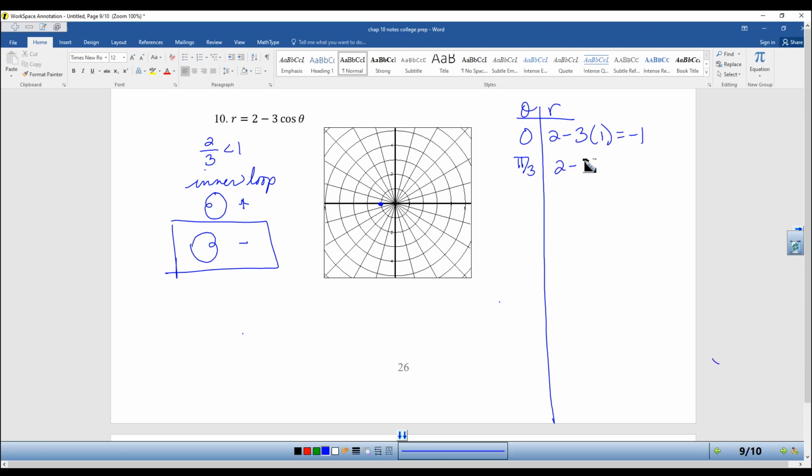That's going to give me 2 minus 3 times cosine of pi/3 is 1/2, which gives me 2 minus 3/2, which is, so you can see where I was going, 4/2 minus 3/2 is 1/2. So at pi/3, right there on that line, it's only going to be 1/2. All right, and then at pi/2, 2 minus 3 times 0 is 2.